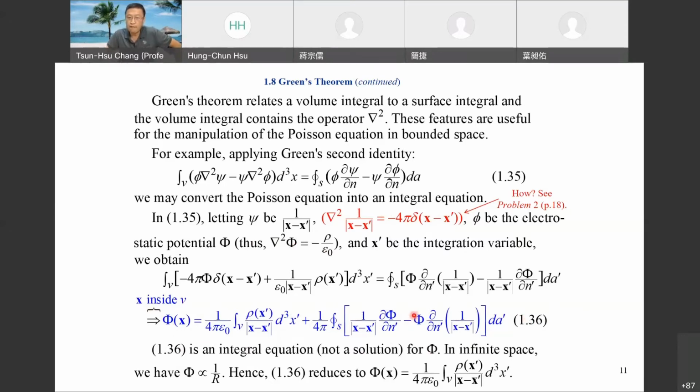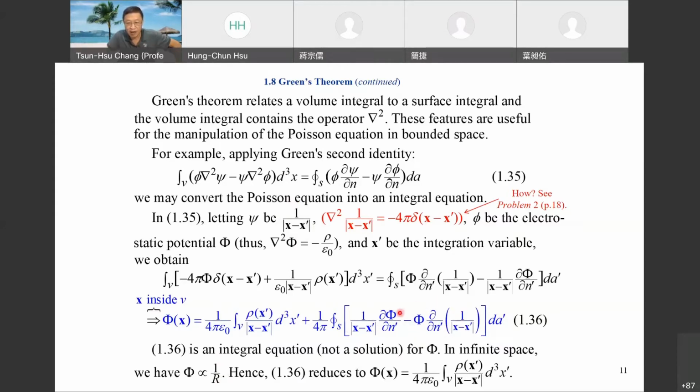And we will find the Green function. This is the simplest Green function, 1 over R, or this one. So we are already familiar with this one, with infinite space. But now, if the space is not infinite, we should consider contribution from the surface.